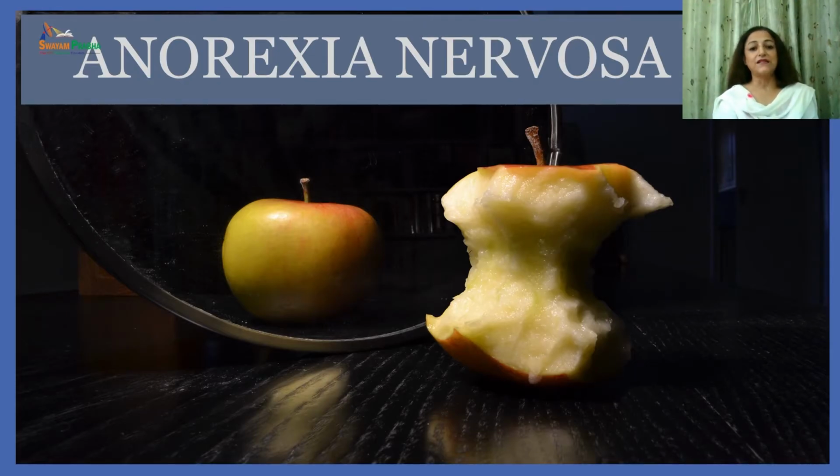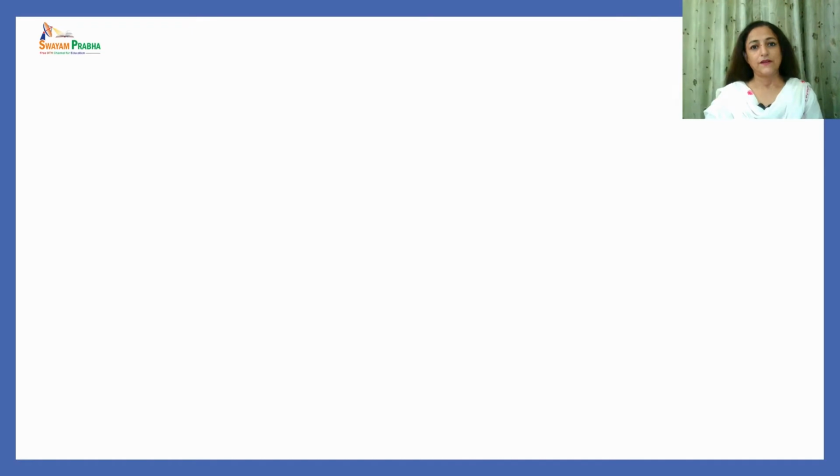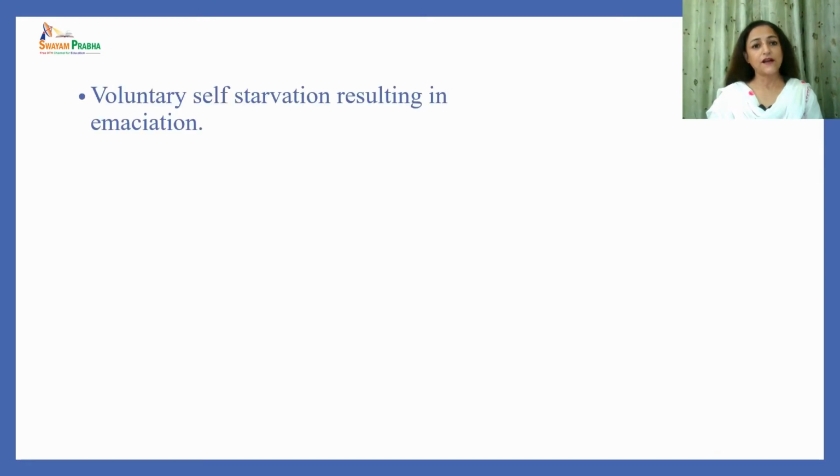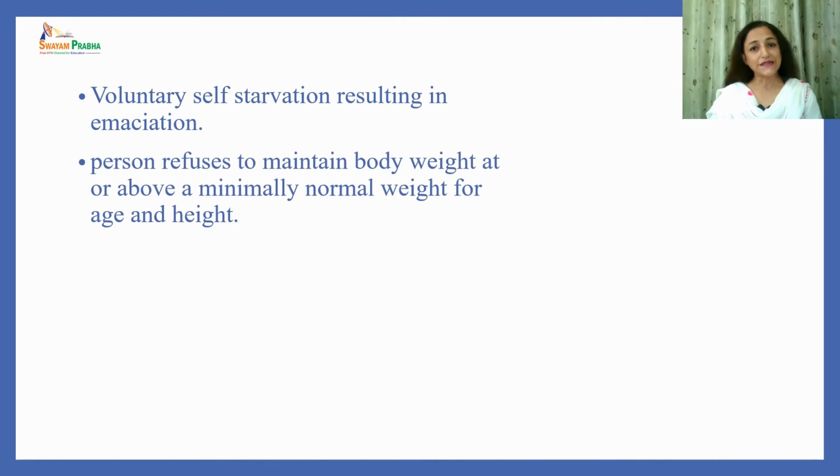So let us study the first type of eating disorder, that is anorexia nervosa, in detail. So in anorexia nervosa, there is voluntary self-starvation which results in emaciation. And in this condition, the person refuses to maintain the body weight at or above a minimally normal weight for age or height.